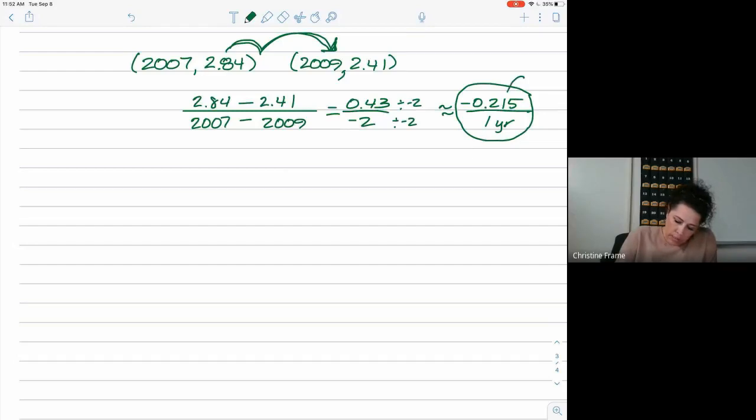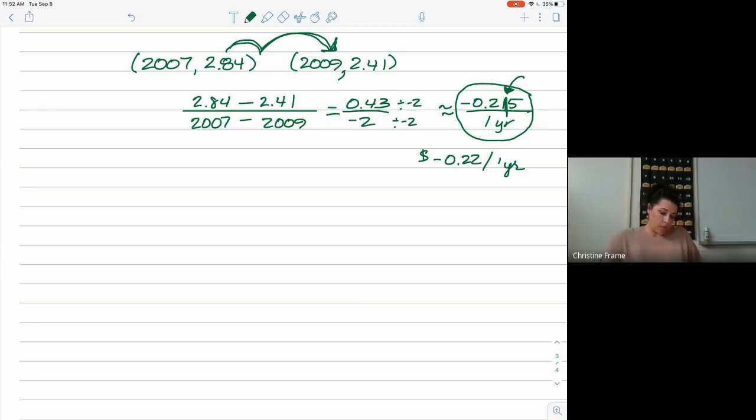Well, when we're rounding, when we're talking money, we round to the nearest penny. So that would be that point right there. So that would be down 22 cents per year. So I'm going to just say that, down 22 cents per year. So be really careful and watch your rounding.